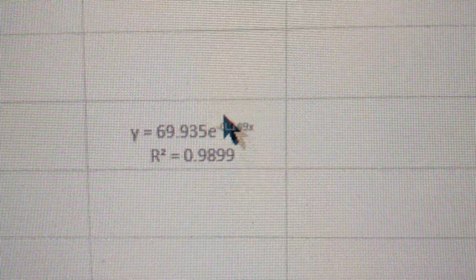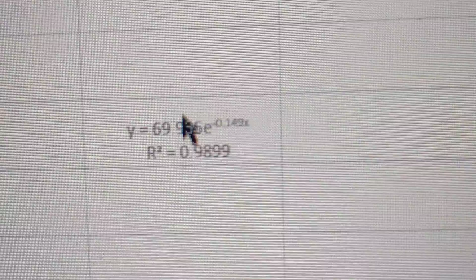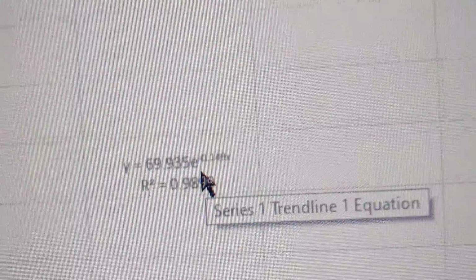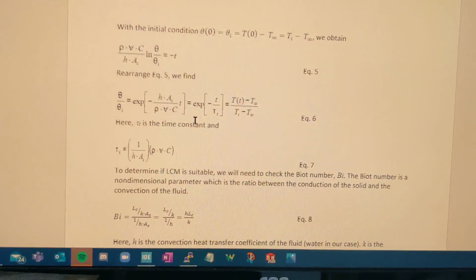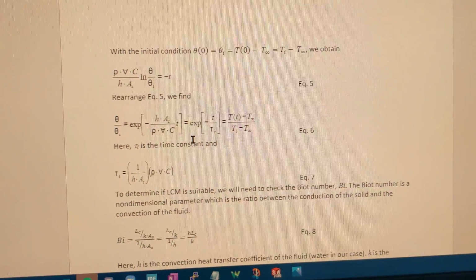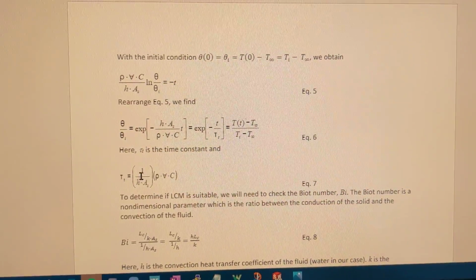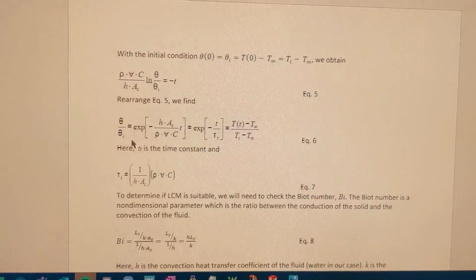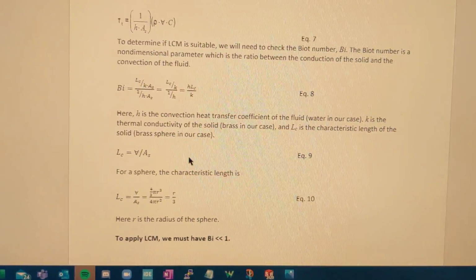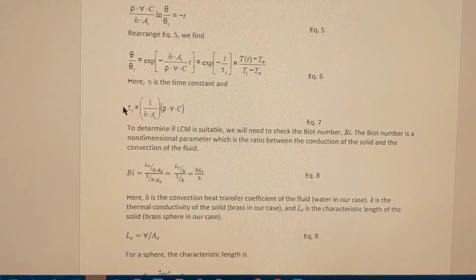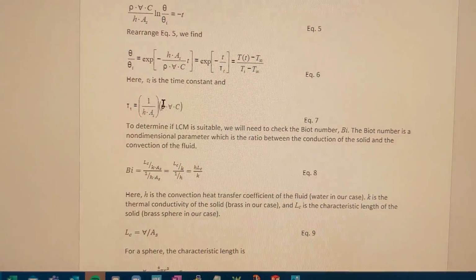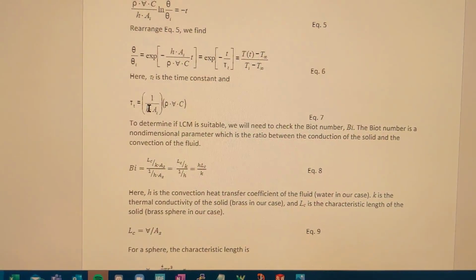So we do not need to use this coefficient in front of our exponent. Then by doing so, we can find the time constant, and then we can find h if we equate the exponent to this here.